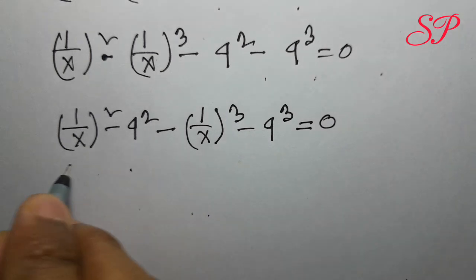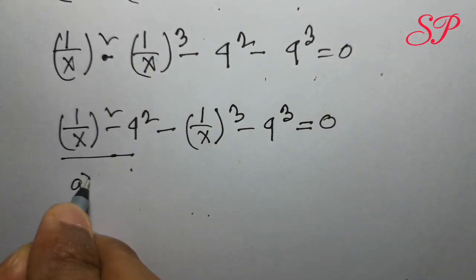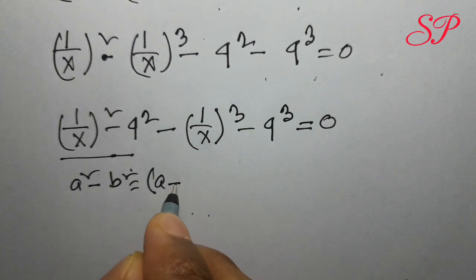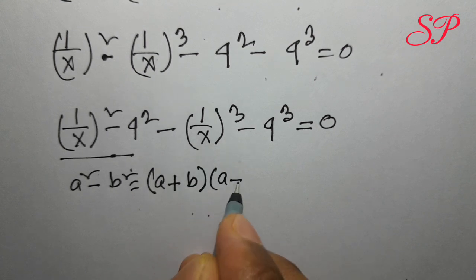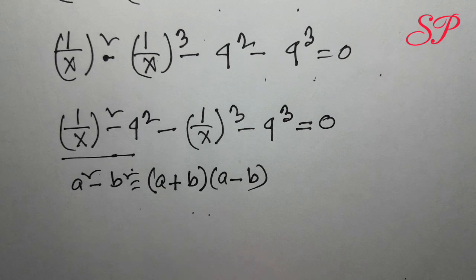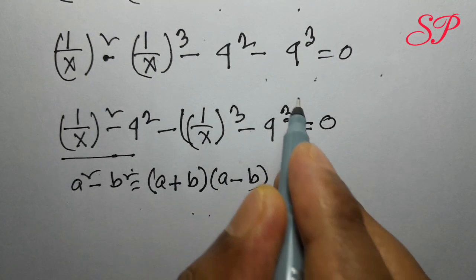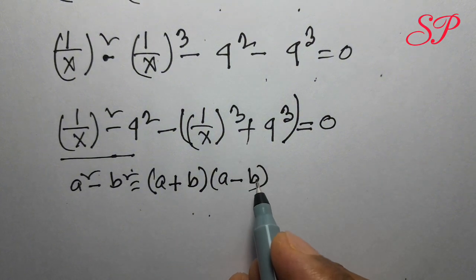Then we use the formula a square minus b square is equal to (a plus b) into (a minus b), and if we use a bracket here it will be plus.